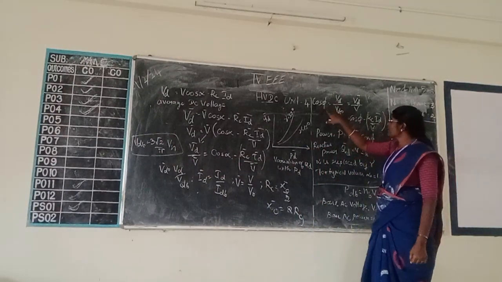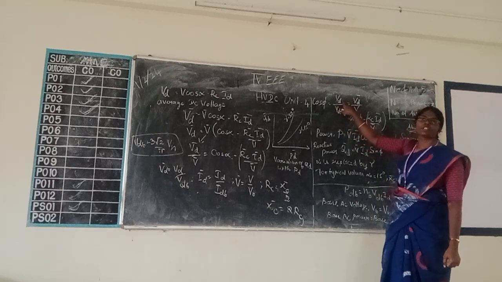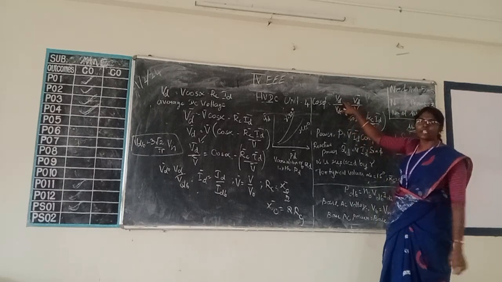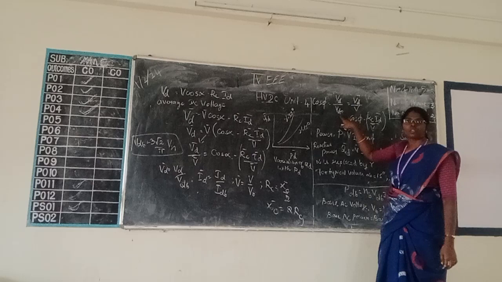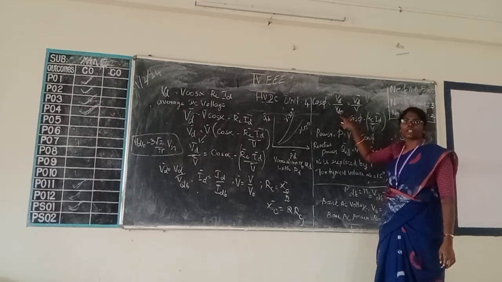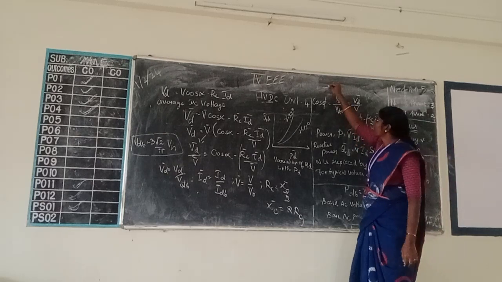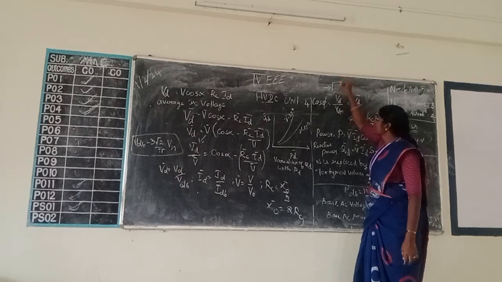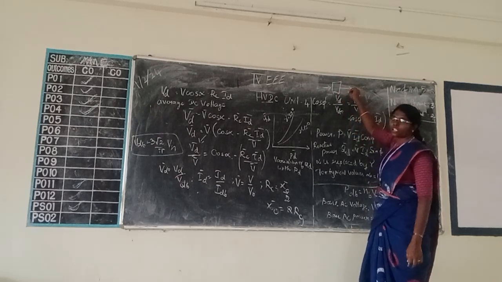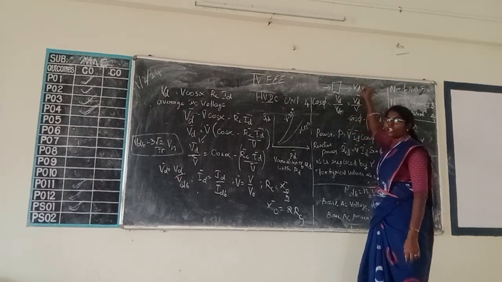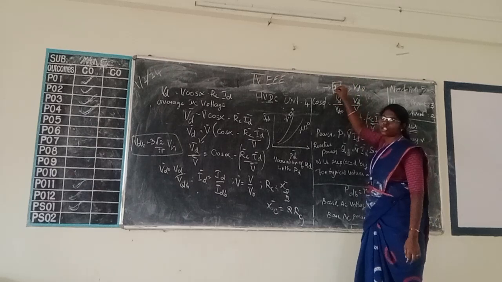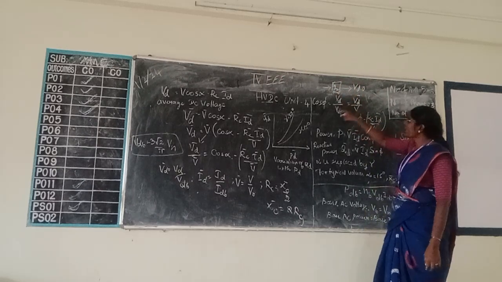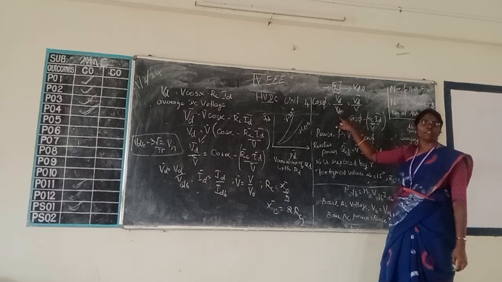Okay, and by that, what is our power factor? That is our cos phi will be equal to average DC, that is VD divided by VD naught. That is our output side voltage, when it is converted, VD naught, here for your bridge. So that is cos phi is equal to VD by VD naught.